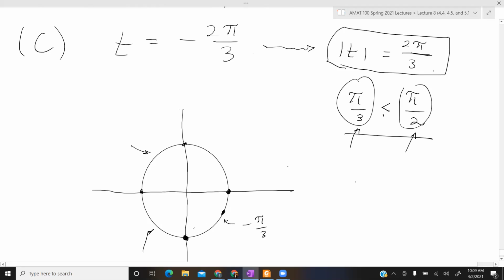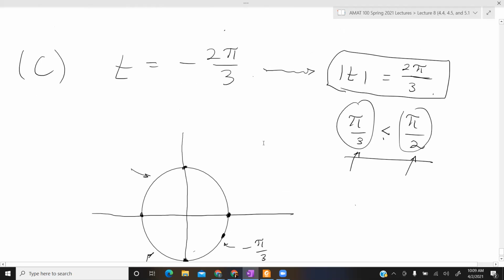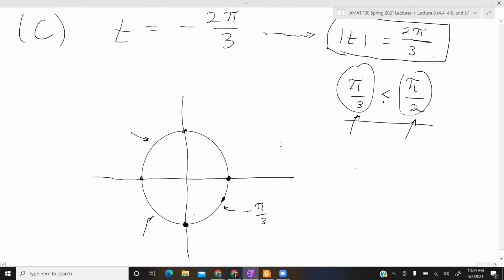But if you do the same sort of comparison we did up here, it will show you that this number corresponds to this quadrant, the third quadrant right here.